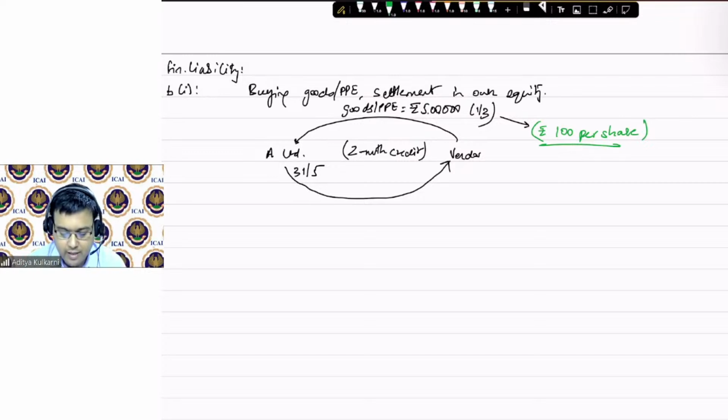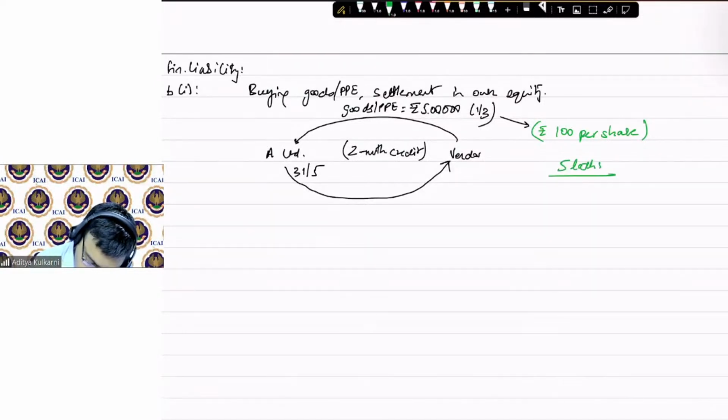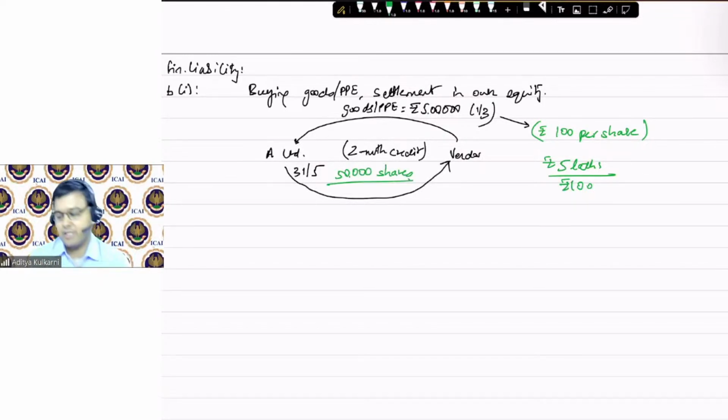Now the question is, the number of shares to be issued is 5 lakhs divided by rupees 100, so that comes to 50,000 shares. Did you understand the case?